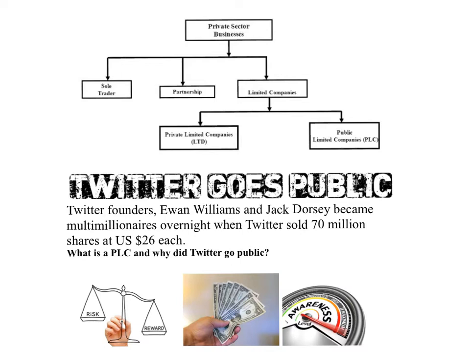Also, when you sell shares to investors, you could consider the risk and the reward that's involved. Now, as soon as you become a limited company, that is private and public, and you start to sell shares, then you're actually passing on some of the risk onto the investors. So imagine if you were a sole trader or a partnership, because you have full control of that company, you would have full ownership of the potential risk involved.